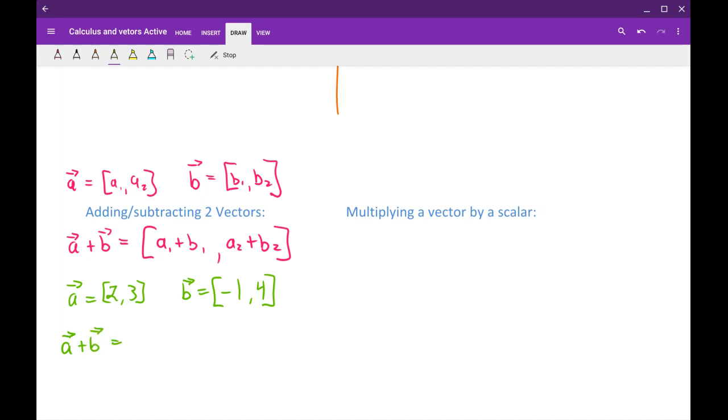Well, it's basically just equal to 2 plus negative 1, 3 plus 4. And so the resulting vector is going to be 1, 7. So this is a new vector, 1, 7, which is equal to the sum of the vector A plus the vector B.